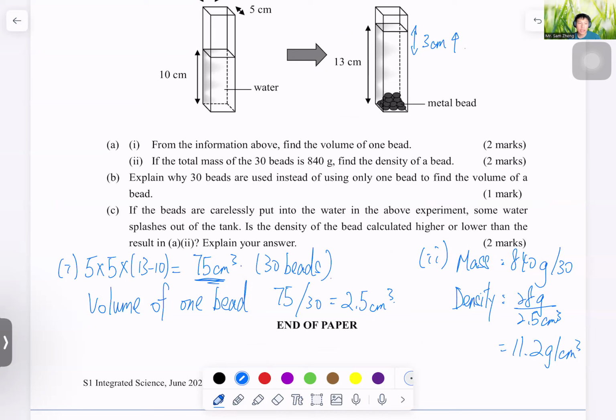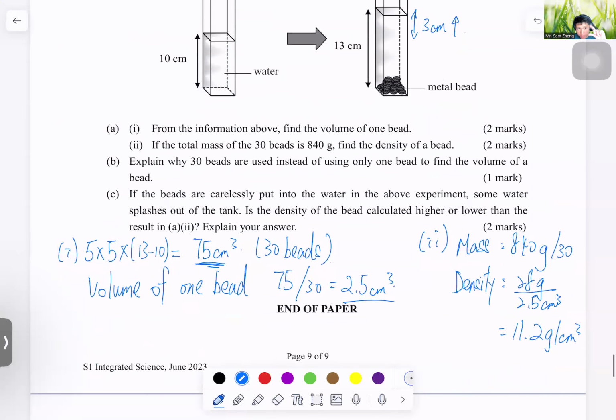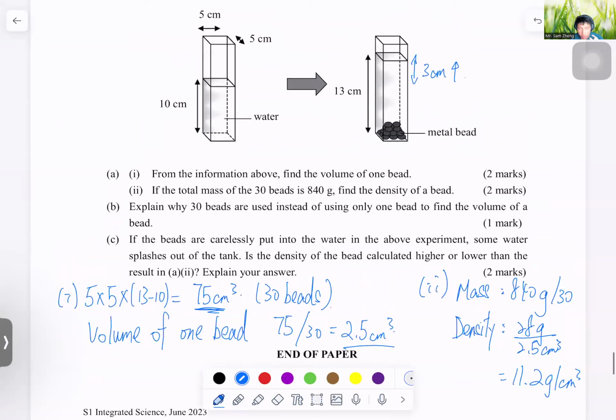So now, explain why 30 beads would be used rather than only 1 bead. Because if we add 1 bead, then we can directly calculate, no need to do a lot of calculations. This is because if we just add 1 bead, we just increase 2.5 cm cube. The increase in water level is very, very minimal.